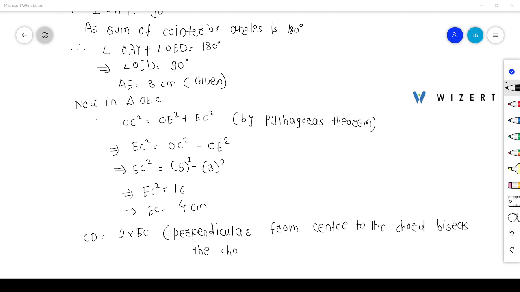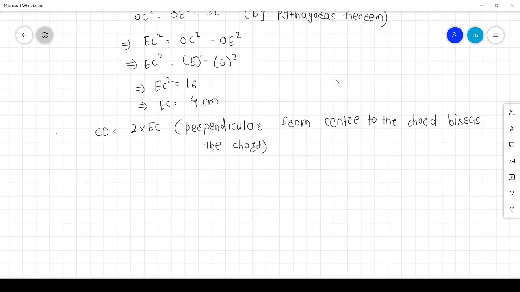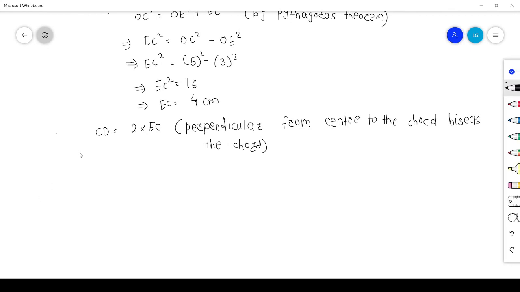So here CD will be 2 times EC, which means 4, so it is 8 centimeters.